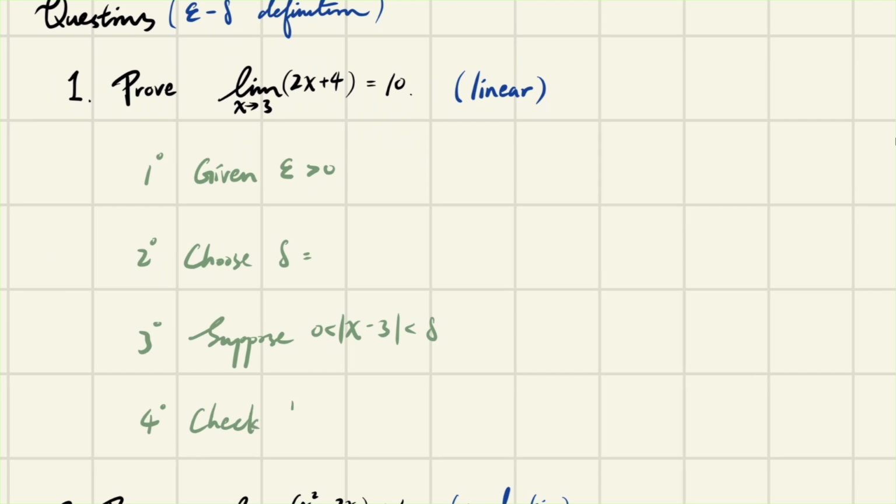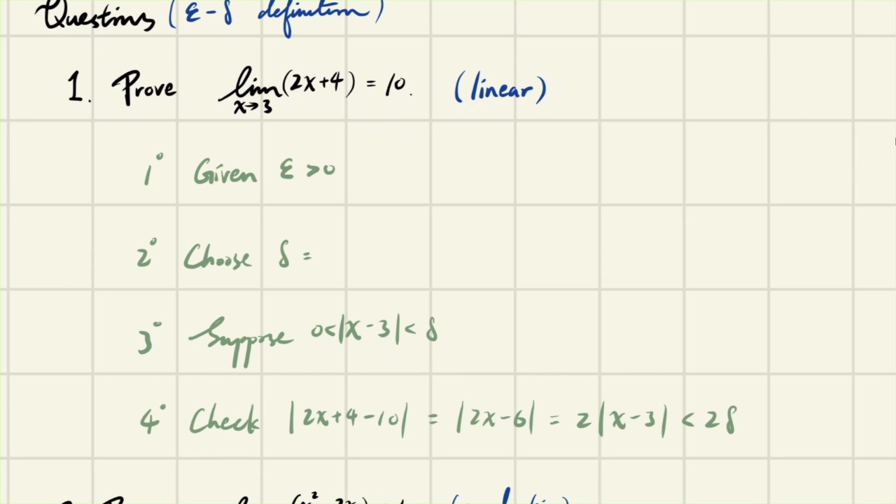So our f of x, which is 2x plus 4, minus our L, which is 10, equals 2x minus 6, and if we pull the 2 out, we get 2 times x minus 3. And we see here that x minus 3 is between 0 and delta, so this is smaller than 2 delta, right?